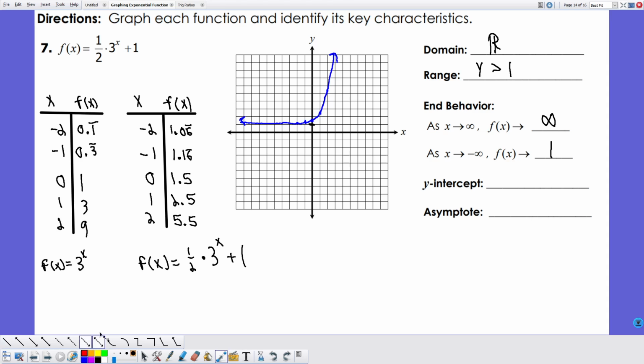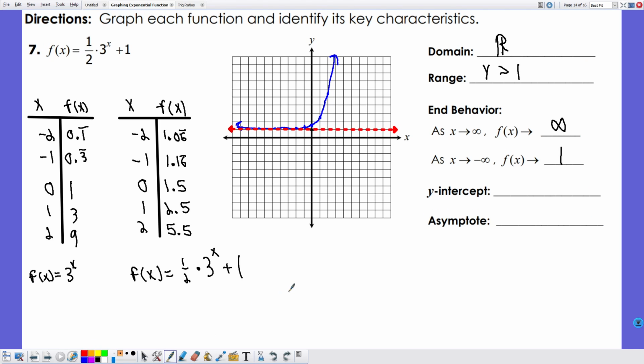In fact, that's also our asymptote. The picture is not great because of resolution, but the graph is definitely approaching that red line, but it's never going to quite hit it. So the asymptote is y equals 1. And our y-intercept, we already have that on the graph. Our y-intercept is the coordinate 0, 1.5.